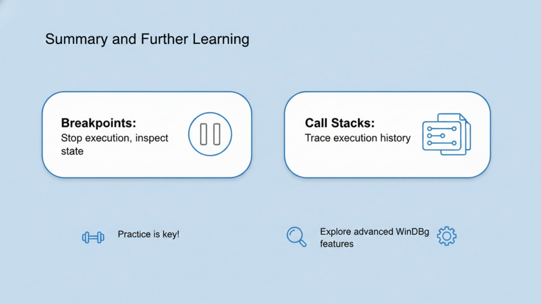Then we delved into the call stack, understanding its role as a historical record of function calls and how to view it using commands like K, KB, and KV. Most importantly, we learned how to interpret those stack frames to trace the execution path and identify the origins of issues. Remember, practice is key to truly mastering these techniques.